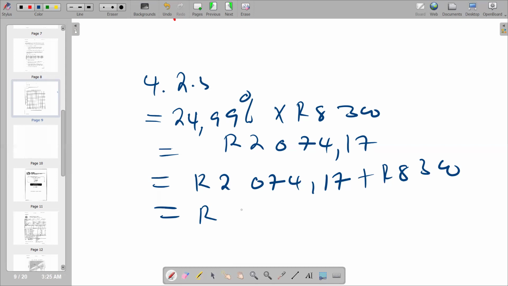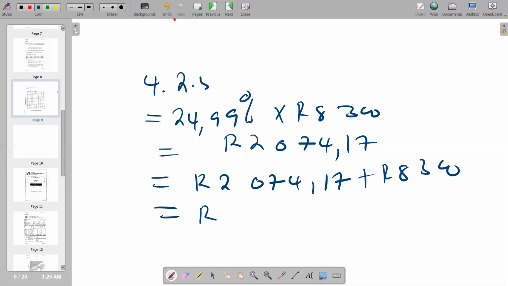Then the total that we are supposed to get, let's just add so that we can see what we get. So we are saying 2,074.17, which is 0.17 cents.